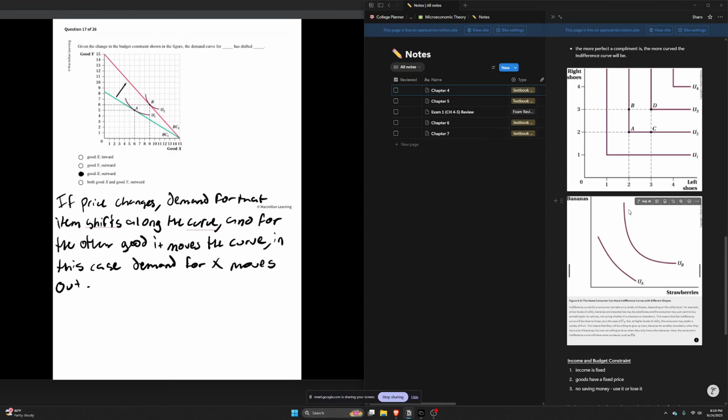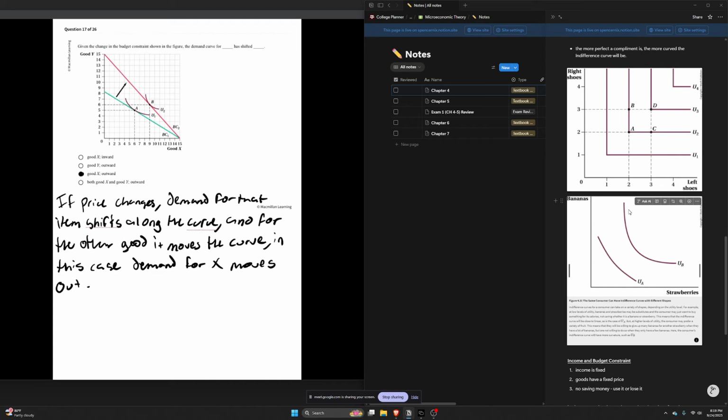Okay, given the change in budget constraint shown in the figure, the demand curve for blank has shifted blank. So this concept is going to come up a little bit. If the price of something changes, it moves along the demand curve for that.